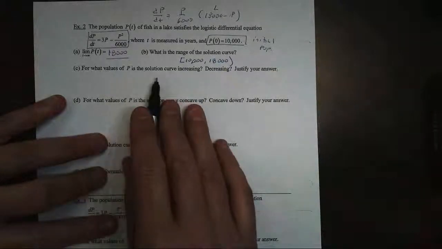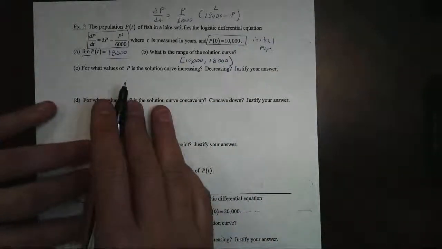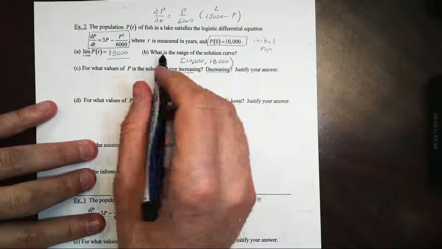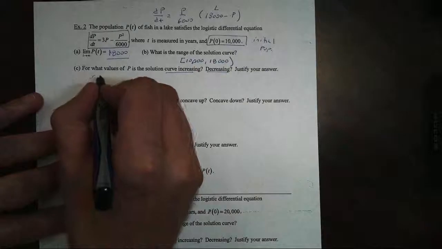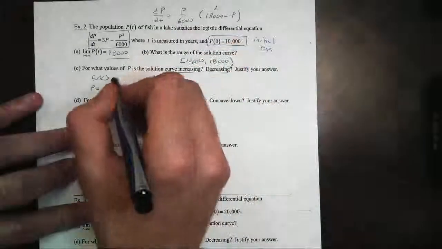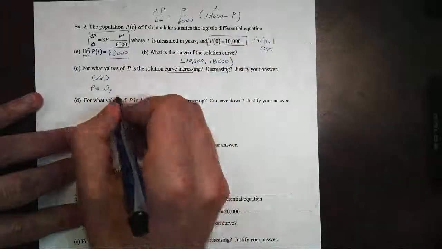Now, the first question, same as it was for part C: where is the curve increasing or decreasing? No sense reinventing the wheel. We already have our critical numbers from example number 1 in part 2. The critical numbers are P is 0 and P is 18,000.